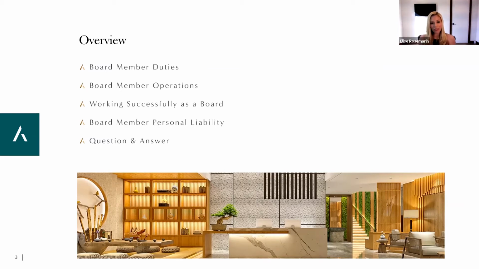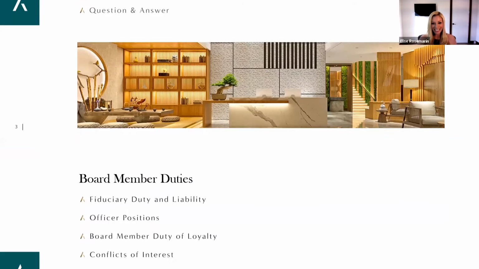The way we like to do this is we'll have a conversation amongst our panelists, and throughout please feel free to enter any questions into our Q&A box and we will answer them at the end. If anything comes to you at the end of tonight and we don't get to it, please feel free to email Leah, Amanda, or myself, and we'll get back to you as soon as we can. So let's get this party started.